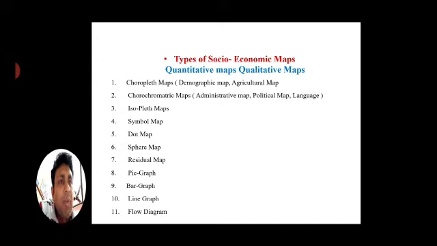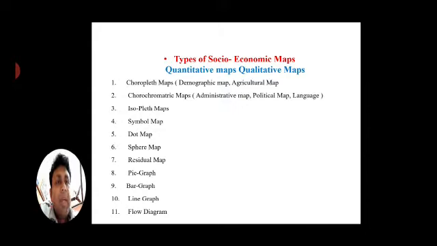On the other hand, qualitative maps are maps which discuss non-database features which have only quality, that is, we can say middle, higher, lower.